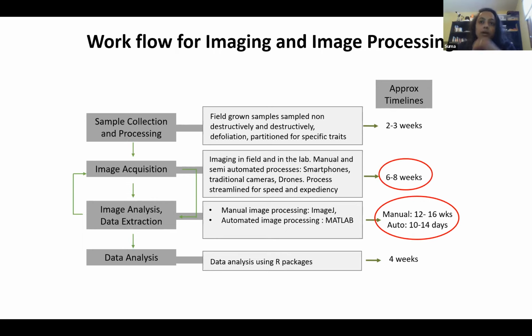The other thing I want to show you is how long it takes to actually image the plants. It takes 6 to 8 weeks. This includes imaging all of these traits individually in a way that can then go through our image processing pipeline, so that takes a lot of time. I want you to appreciate the time component of this whole thing.